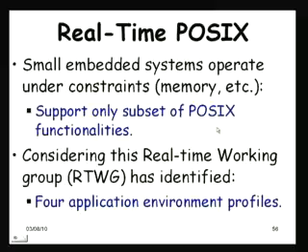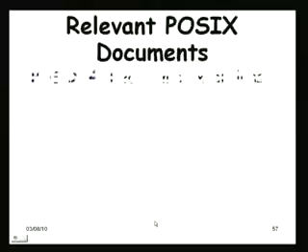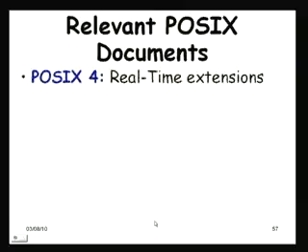And considering that the real time POSIX had become slightly irrelevant to embedded real time operating systems, later the real time working group identified 4 application environment profiles, and standards were defined for these different profiles. So, let us see the profiles in the next slide.